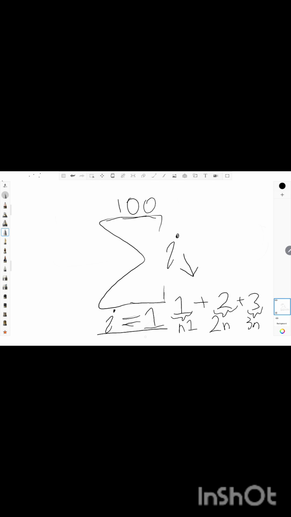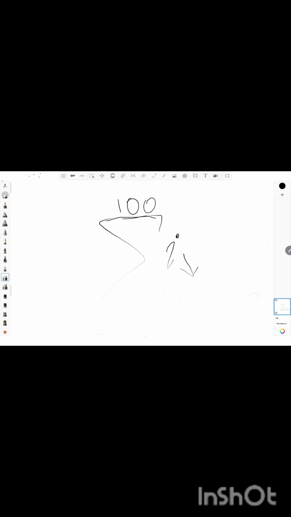So that is basically how we use sigma notation. Now I'm going to show a few more complicated versions of this.